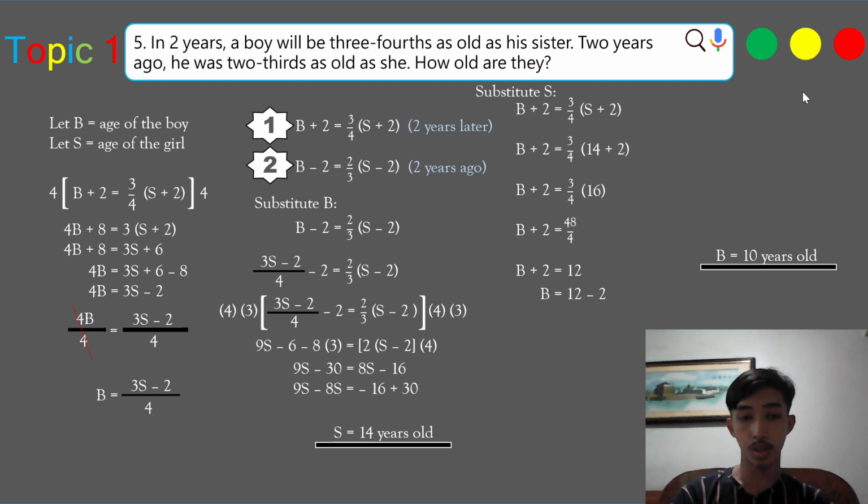Then let's substitute B in B minus 2 is equal to 2/3 times S minus 2. So instead of B, we have 3S minus 2 over 4, minus 2 is equal to 2/3 times S minus 2. So we multiply both sides by 4 times 3. So we cancel the 4, so 3 times 3S is equal to 9S, and 3 times 2 is equal to 6.